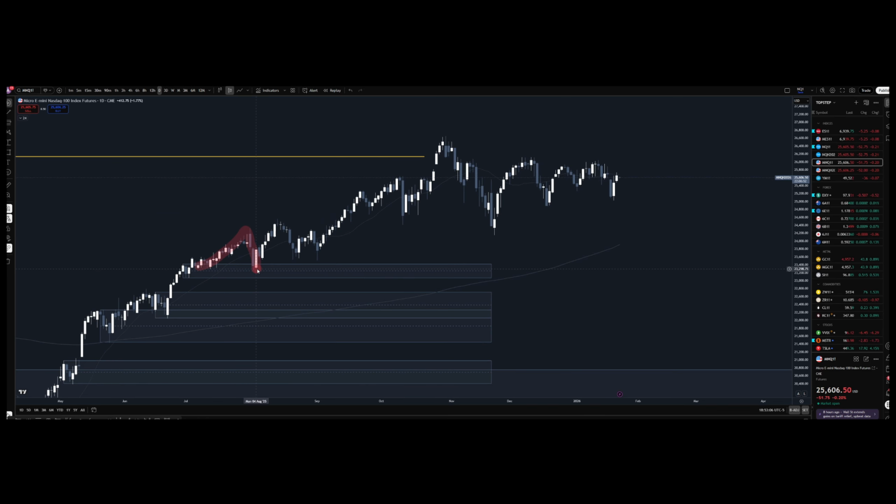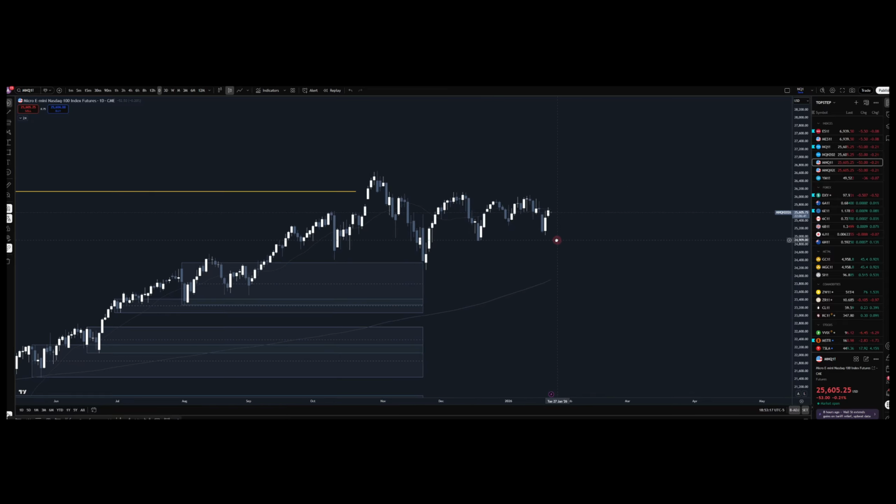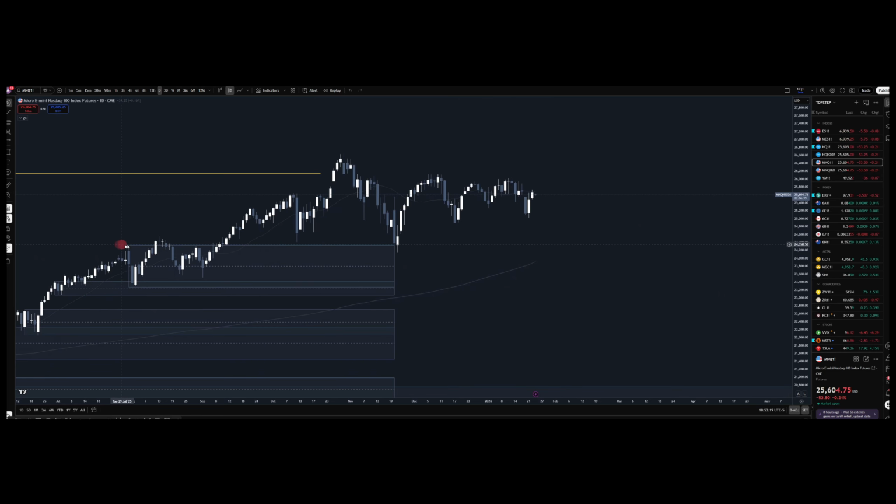This swing, this low, respects the zone. We get our breakout here. Breakout, we get another low.